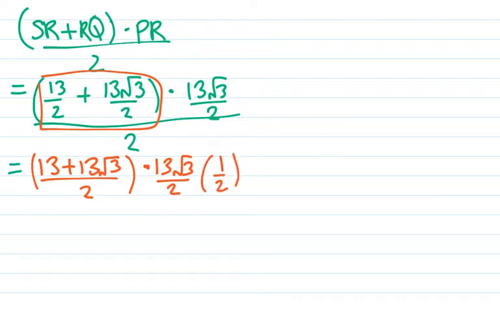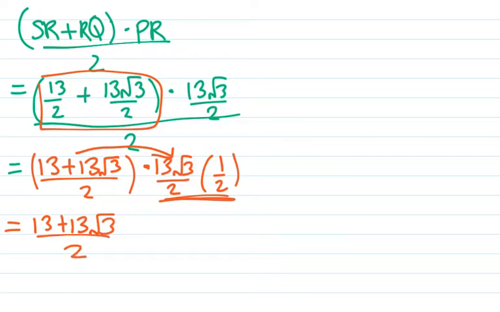So times 1/2 equals, so I'm going to multiply this by this, so expand. Actually, first I'm going to put these two together. So 13 plus 13 root 3 divided by 2 times 13 root 3 over 4, because I'm multiplying the denominators together.